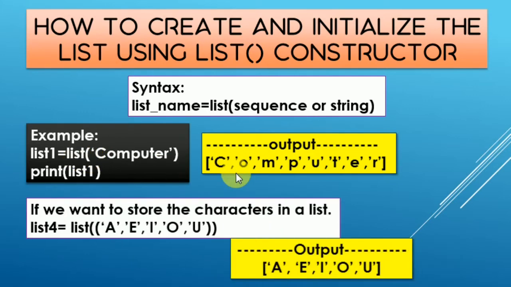Same way, if you want to store separate characters, in that case you put two bracket signs, list bracket, again bracket, then single quotes A, E, I, O, U. You can use this method or the above method, both are the same. You can use any method. In both cases it will convert that to a list, and each character is in a separate index value. You can access it with the separate index value, means it is stored in a separate box, and both cases are same. Now we move to the next one.